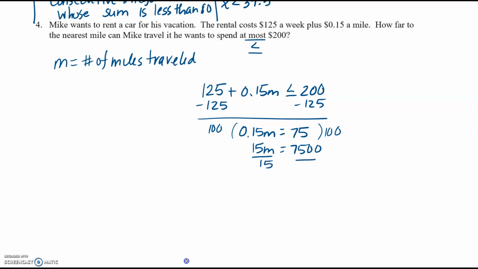And then we can divide by 15 from there. And I'm putting that equal sign in. I want the less than or equal in there. And then m is less than or equal to 500, since 15 goes into 75 5 times, and there's 2 zeros. So Mike can travel at most 500 miles.